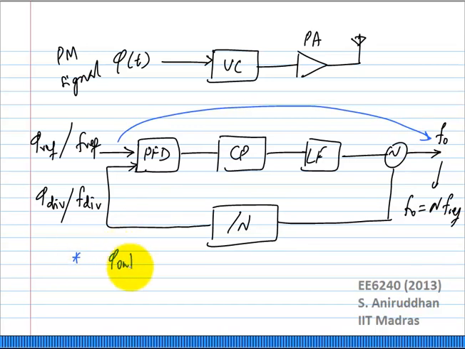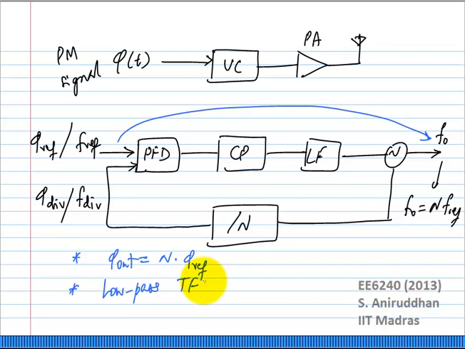Your phi out is N times phi ref. Okay, and what else do you know? It is a low pass transfer function. The bandwidth of the low pass transfer function really depends on the PLL parameters, right? It depends on the charge pump current, the loop filter value, the N divider, the VCO output frequency, all of these factors.